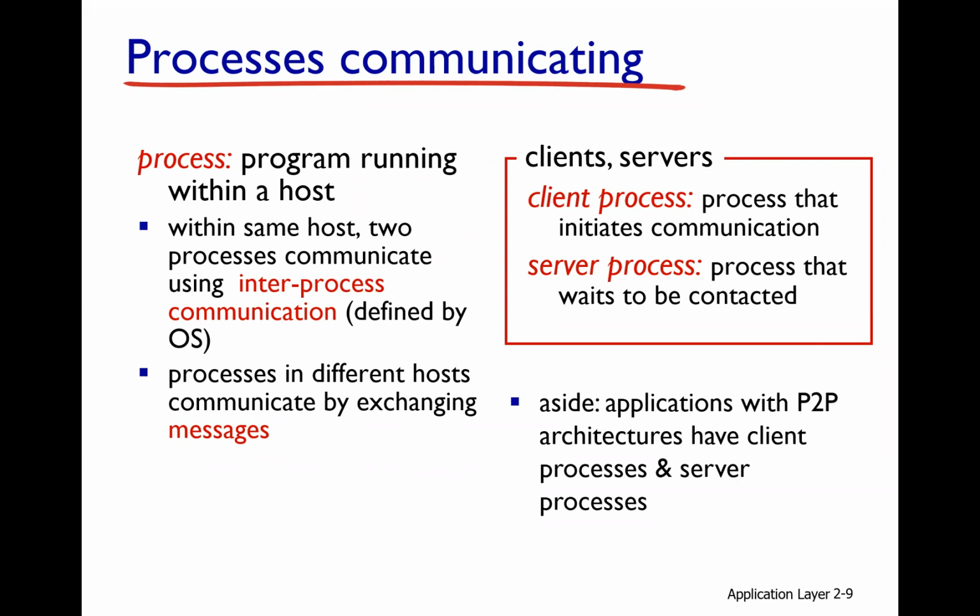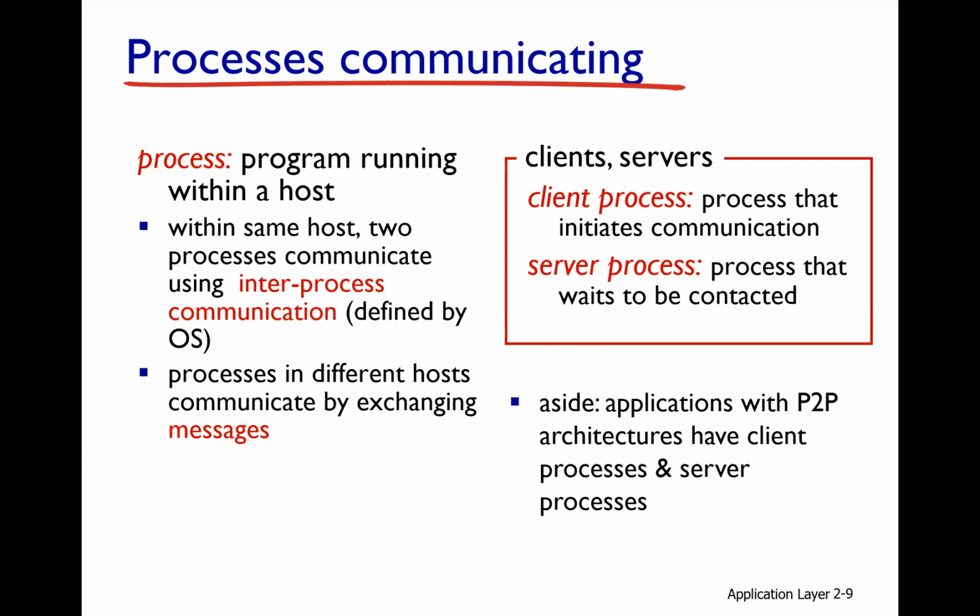To further line up our terminology, we define what we mean by a client process and a server process. Bear in mind, one application might have multiple processes, both for server and client. But in computer networks, we're focusing on just one process.